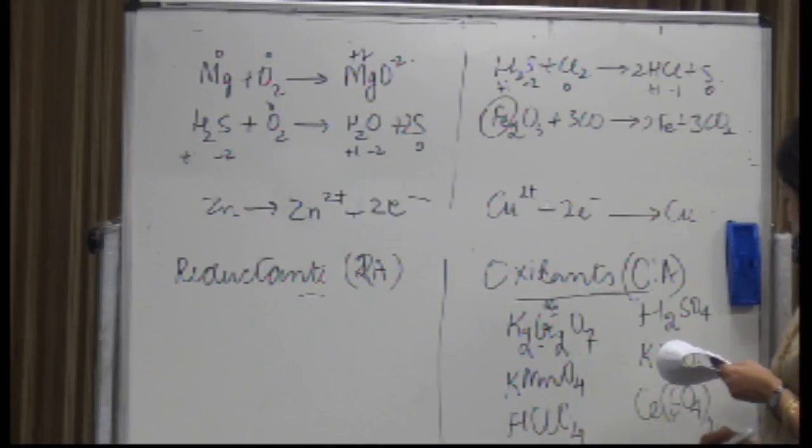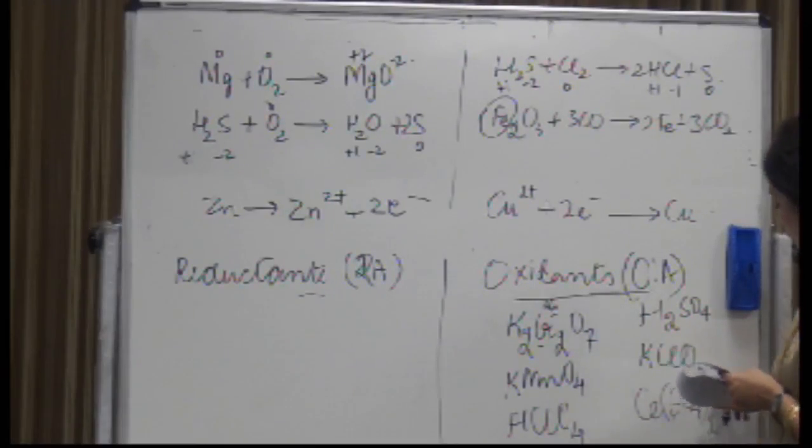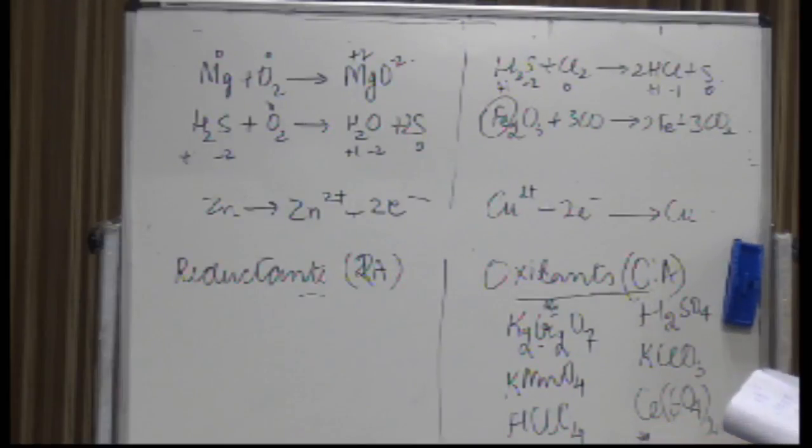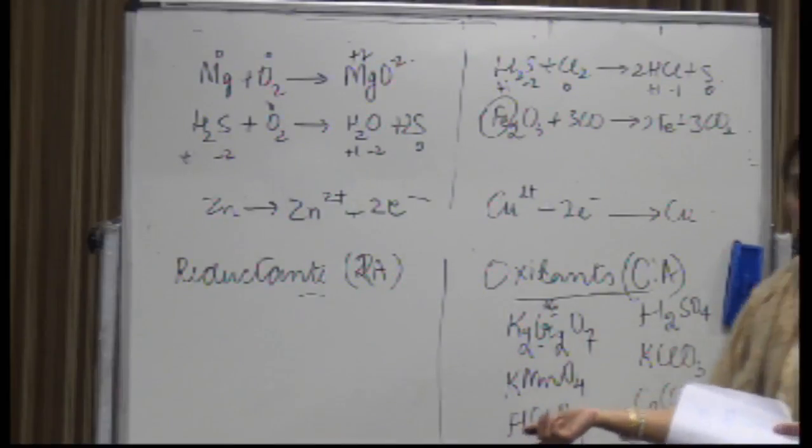Sulfate is SO4 2 minus, so 2 minus into 2 will be -4. So X minus 4 is equal to 0. So cerium will be in what state? +4. Cerium will be in +4 oxidation state. So from +4 it can go to +2.